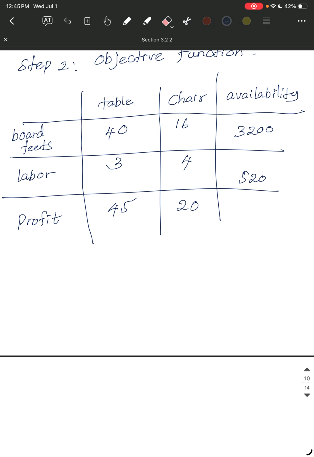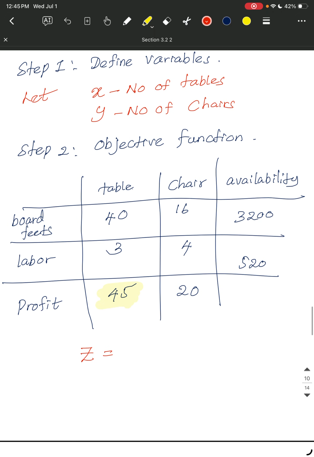Okay, then let's define the objective function. The objective function should be the profit function. So let's say C, profit function C, from each table we earn $45 and number of tables X. And from each chair $20 and number of chairs Y. So the objective function is 45x plus 20y.